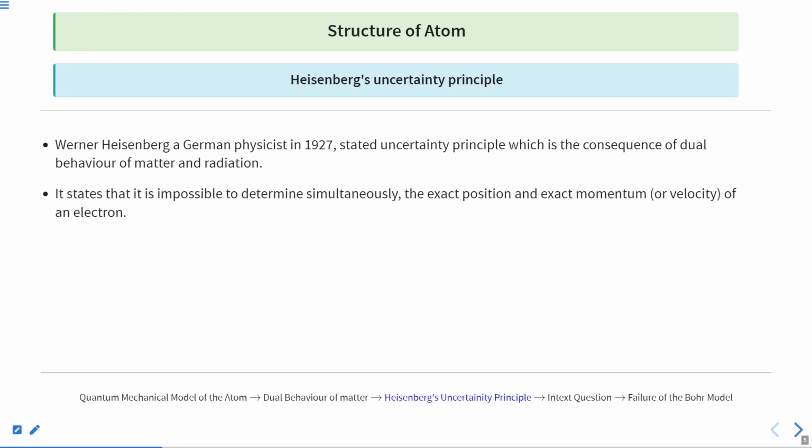Now let us move to the Heisenberg uncertainty principle. This principle says that we cannot know the exact position and exact momentum. So what does this mean? You have heard this term many times, but you should be very keen about what it is saying. Suppose a car is moving.